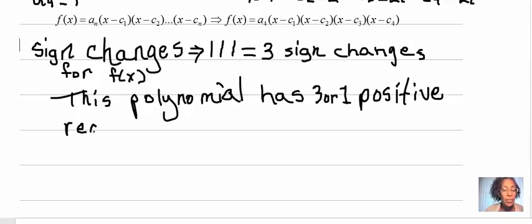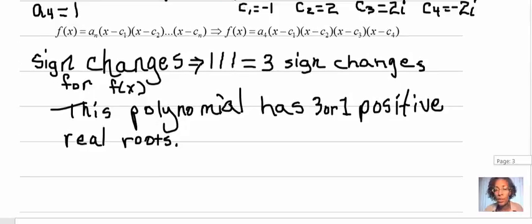Those are the only possibilities. So it either has the same number of positive real roots as f of x has sign changes, or it has less than 3 roots by a positive even integer.